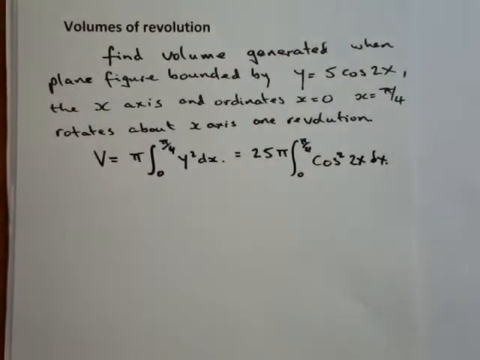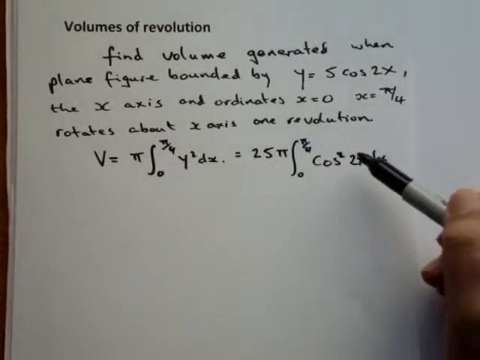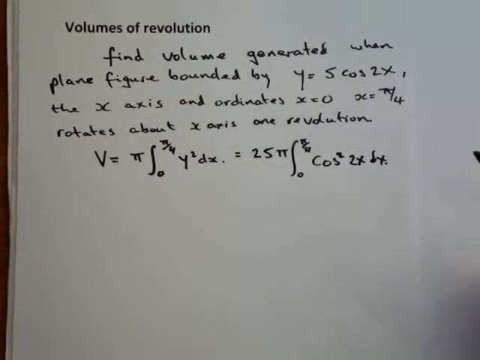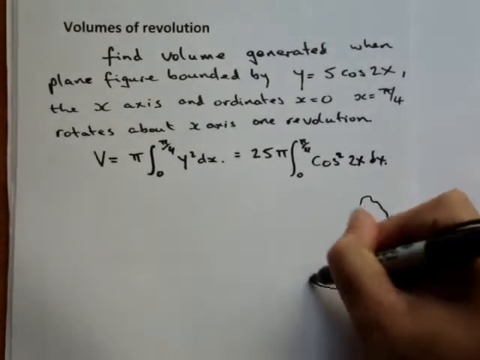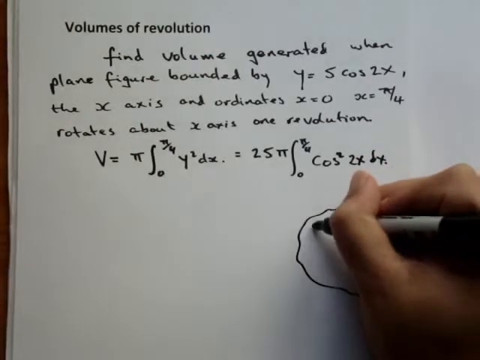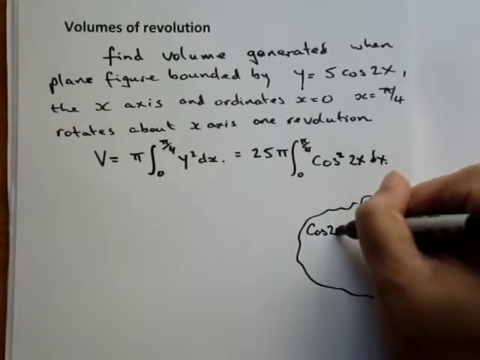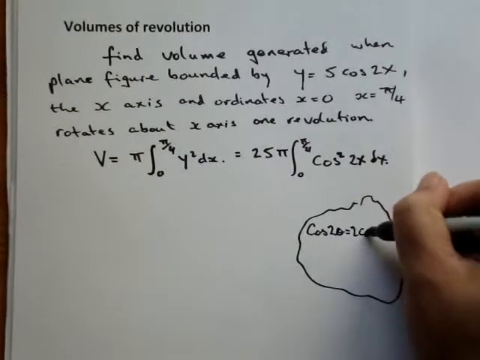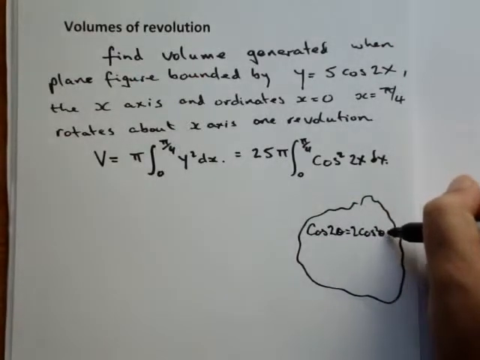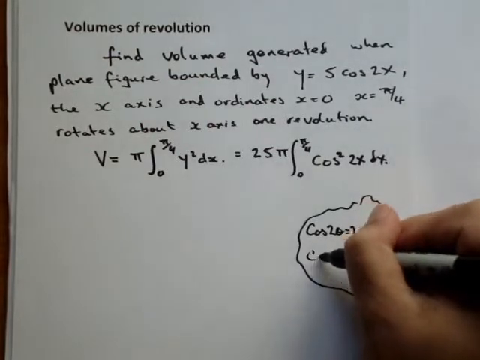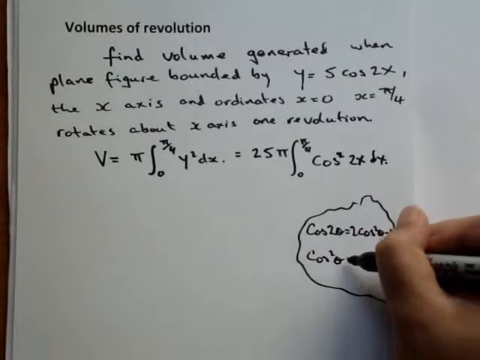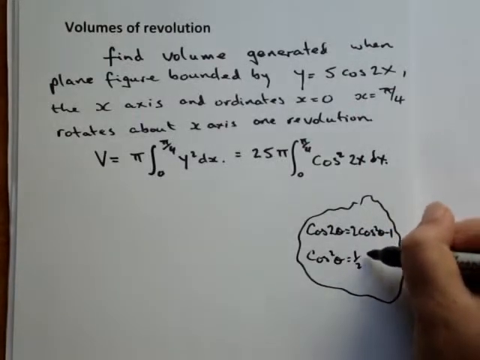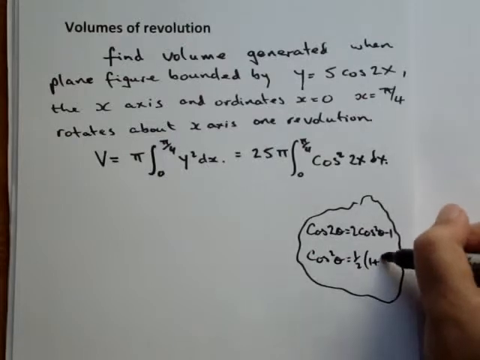Now we need to use our double angle formulas. For cos squared x we use, let's have a look, put a little thought bubble here. So cos 2 theta equals 2 cos squared theta minus 1. So therefore cos squared theta, which is what we want there, equals a half of 1 plus cos 2 theta.